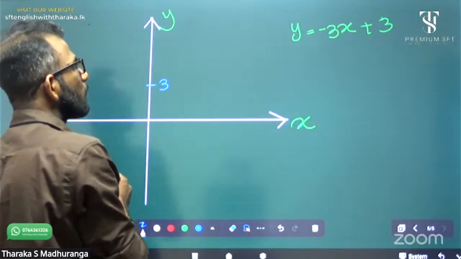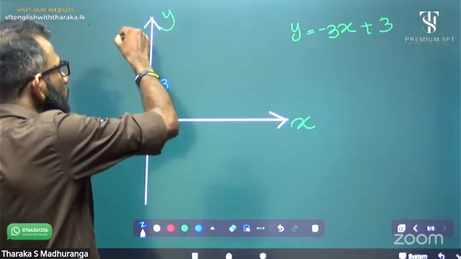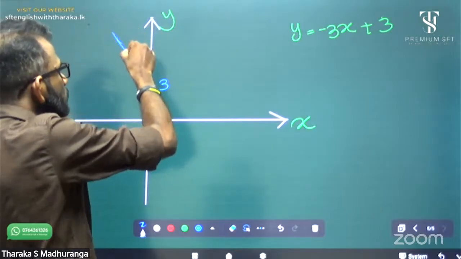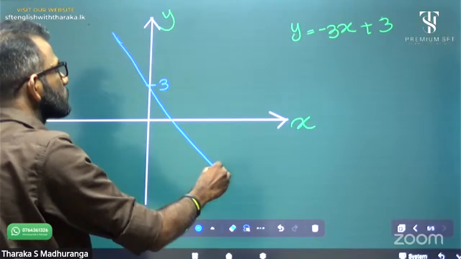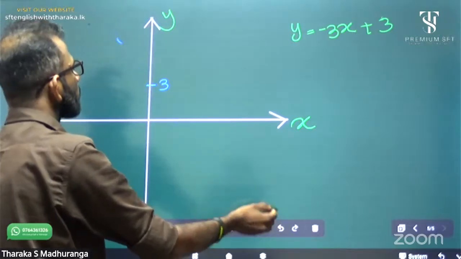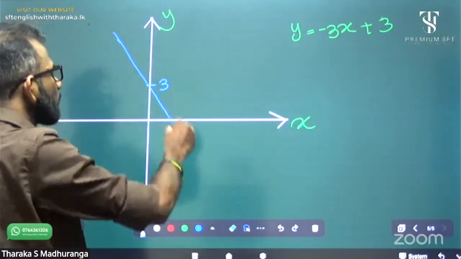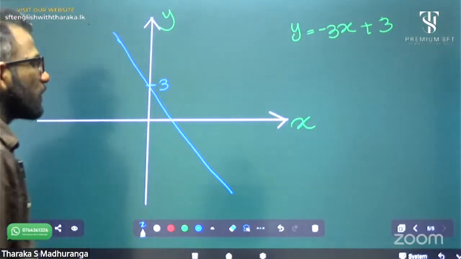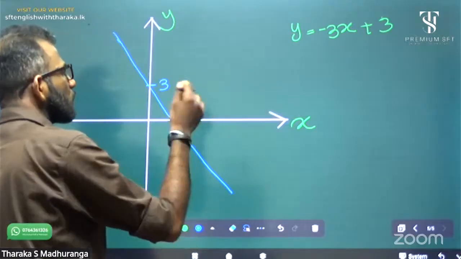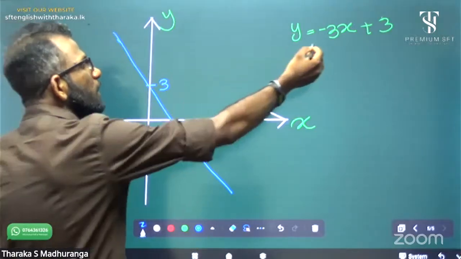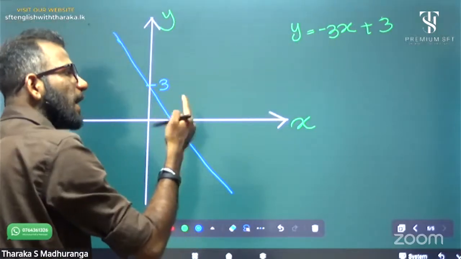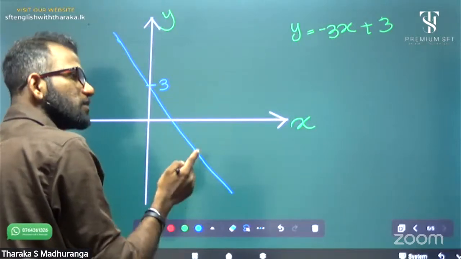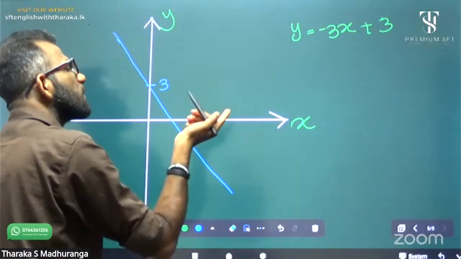Therefore, this is the shape of the straight line. As I think you remember now, the gradient is a minus value. That means tan angle is a minus value, if you can remember the circular bases I explained in the trigonometry lesson.